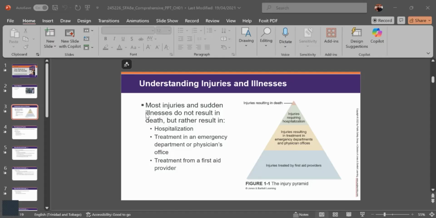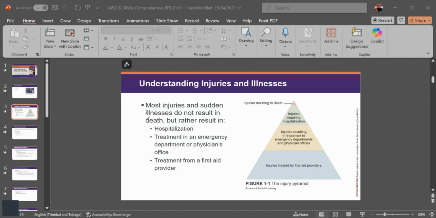Or the person may require treatment for difficulty breathing or an asthma attack, as the case may be. Whatever the situation, it is a serious situation that requires treatment outside of work in a medical facility. Further up, we have fewer cases, but more serious again.